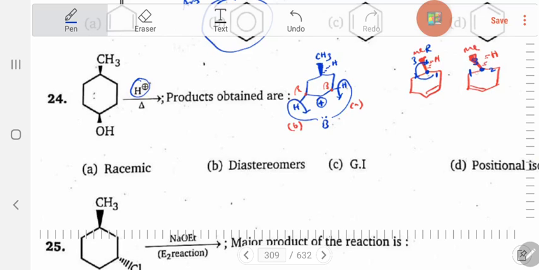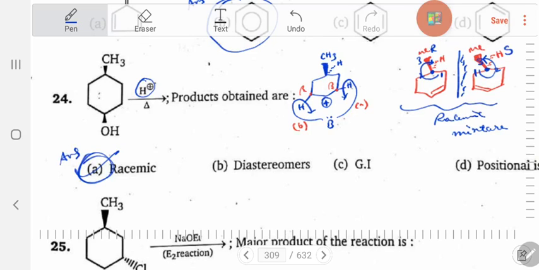Least priority group here also is away from the viewer. So 1, 2, 3 is in anti-clockwise direction. So one is R configuration, one is S configuration. That means both are mirror images of each other. So you got a mixture of enantiomeric pairs, both have equal probability, so you got a racemic mixture. So the correct answer here is A, racemic mixture.